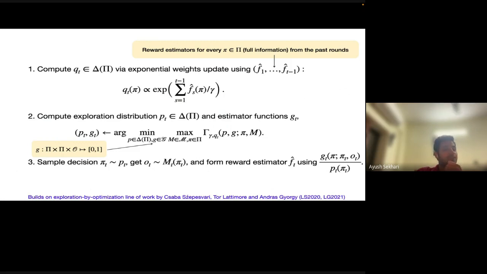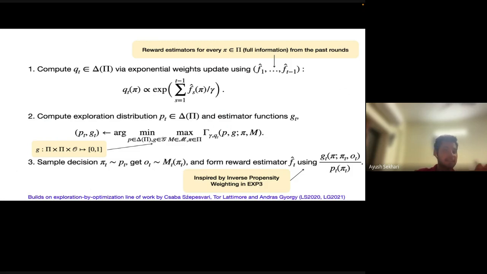We sample a decision corresponding to PT, and get an observation by interacting with nature. This is the part where we only get the partial information. In particular, we only get OT of pi t. And by using the partial information OT, we form a reward estimator f hat T by doing some inverse propensity weighting with respect to these functions GT that we solved in step 2.